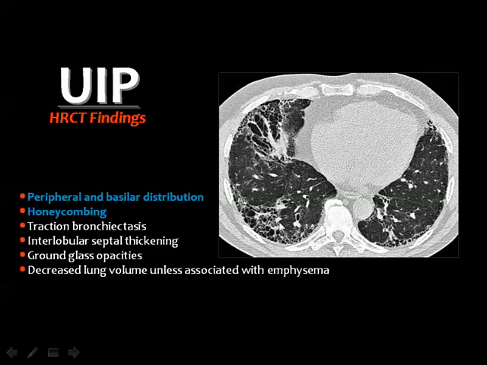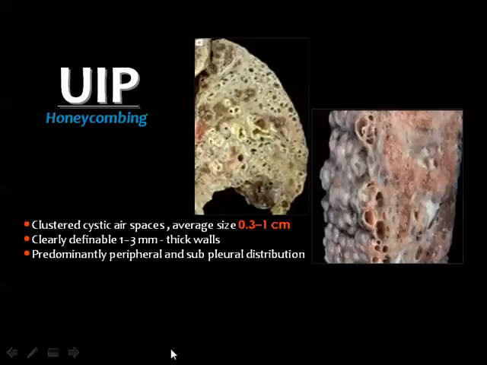And number two, this classic appearance known as honeycombing. Honeycombing means a cluster of small cystic lesions peripherally located adjacent to the pleura. This is the honeycombing, and these are areas of honeycomb. Honeycombing is one of the classic points essential for diagnosis of usual interstitial pneumonia.